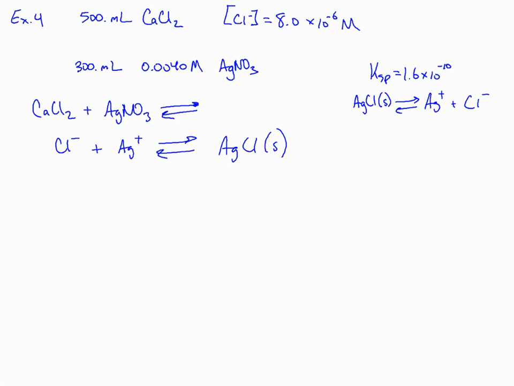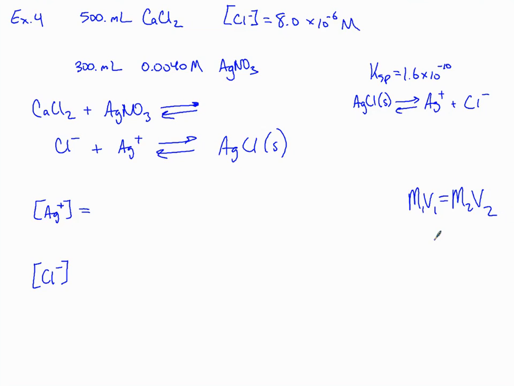In order for us to find Q, we have to know a couple of things first. We need to know the concentration of silver, and we need to know the concentration of the chloride. So for the concentration of the silver, we have to take into account the fact that we had this concentration and volume of silver, and then we added it to another solution. And so this is going to be something that follows this formula.